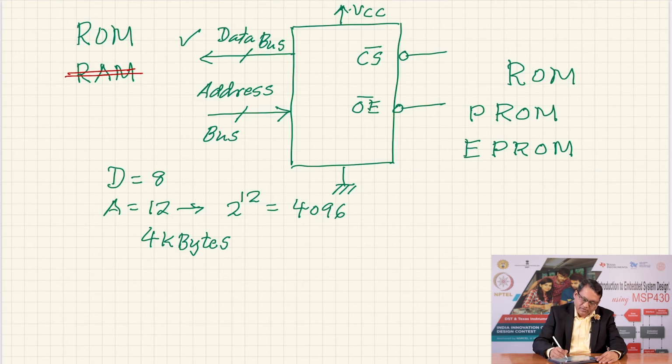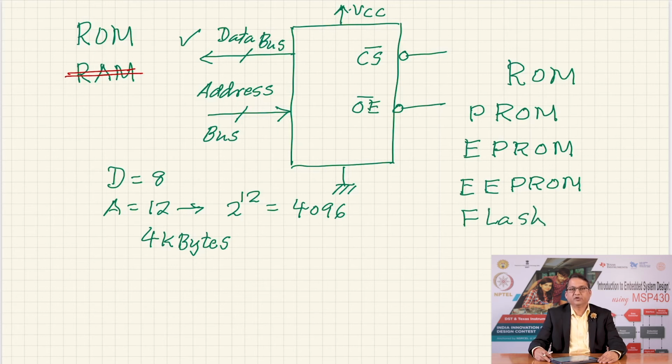And then the fourth device you have these days is called EEPROM, where the erasing of the device can also be done electrically. So this is electrically erasable programmable read-only memory. And a variety of E2PROM, as it is popularly called, is a type called flash memory. Flash memory is a type of E2PROM, except it is faster to erase, and that's why the name flash. You can perform that operation in a flash. These are all examples of read-only memory devices.